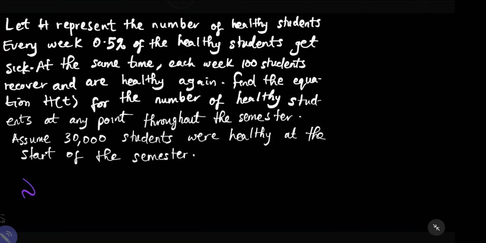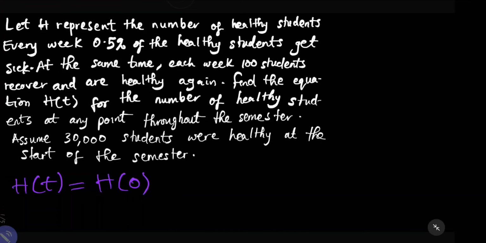So what do we know? We know that h of t, let's call it the healthy students at the given time, and let's call that given time the beginning of the semester.